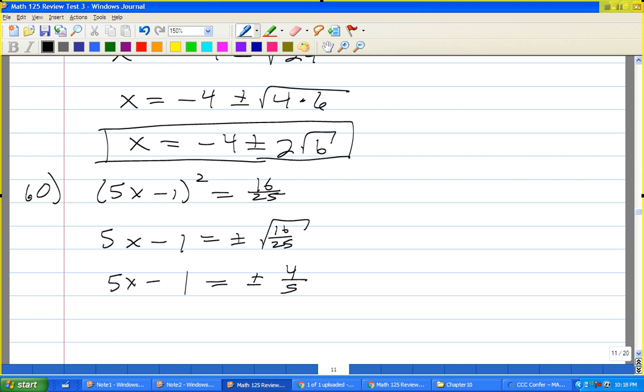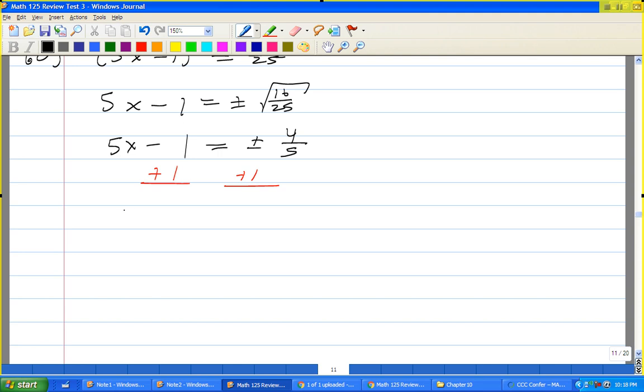Let me add 1 to both sides of my equation. And so I get 5x is equal to 1 plus or minus 4 over 5.